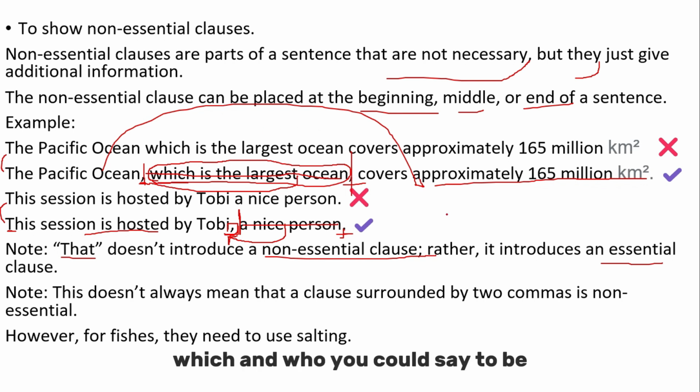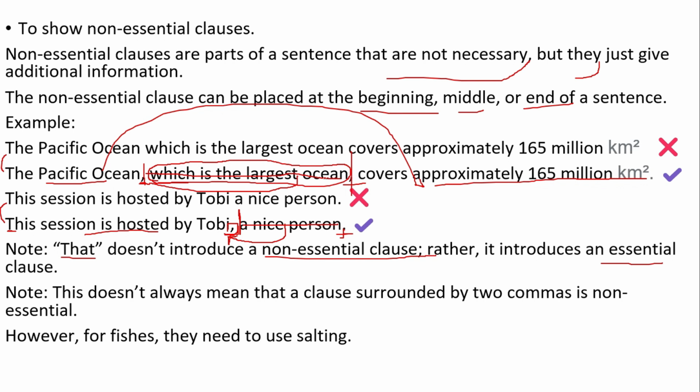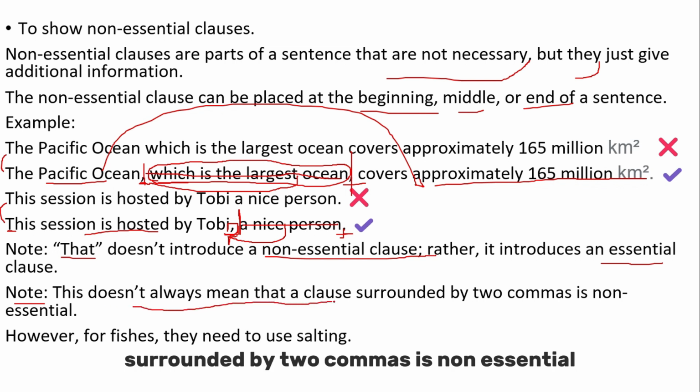Let's say the Pacific Ocean was a person: the Pacific Ocean, who is the largest ocean, would also be non-essential, assuming the Pacific Ocean was a person. So we should note, however, that this doesn't always mean that a clause surrounded by two commas is non-essential. So I'm going to use this sentence to explain it.